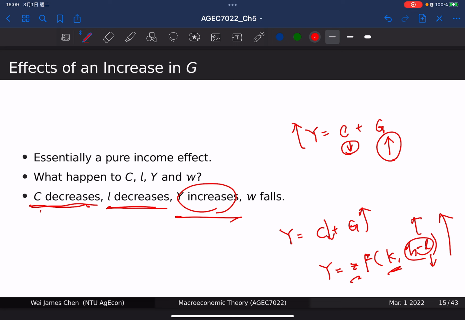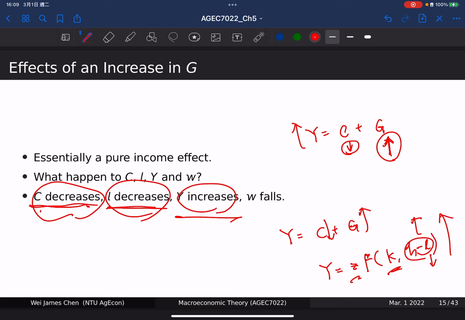But there's another way to look at this, which is even simpler. The increase of G has this wealth effect, and this wealth effect pushes two things to happen at the same time: C decreases and L decreases.